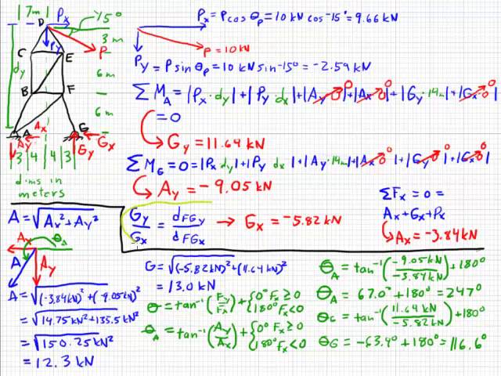Then we took the slope relationship of a strut and used that to determine the horizontal force at G. This would also work for a flexible support such as a cable. Then we use our forces in the x direction to find Ax.